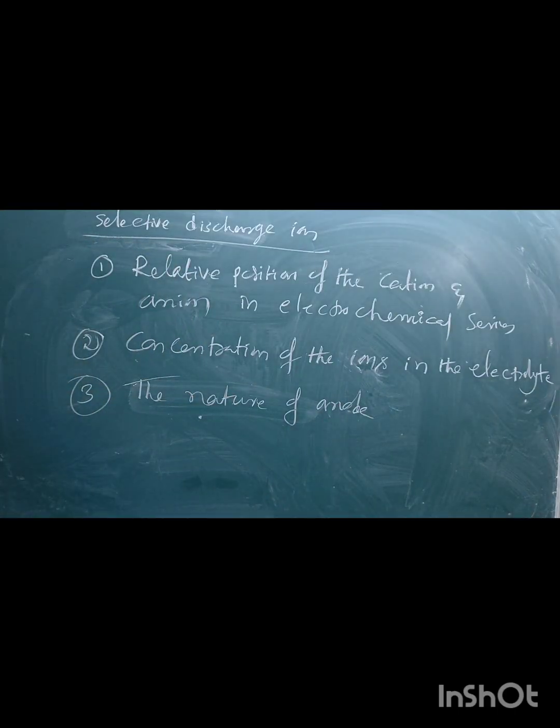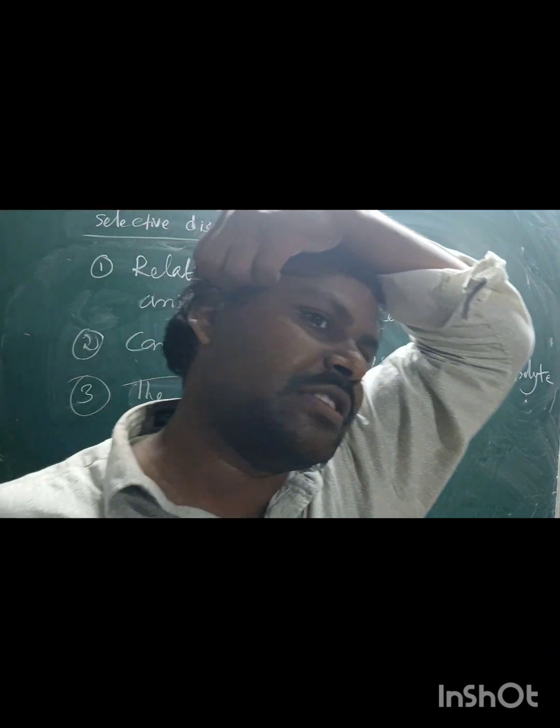The relative position of the cation: as you already know, the lower the position of the ion in the electrochemical series, the greater is its tendency to discharge at the electrode to form an element. The lowest discharge potential ion easily deposits at a particular electrode.